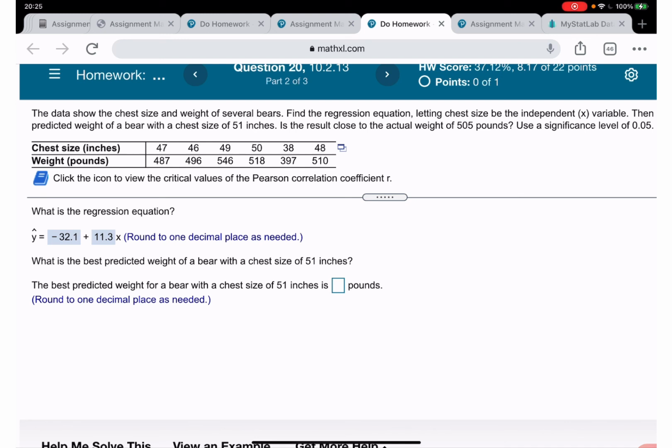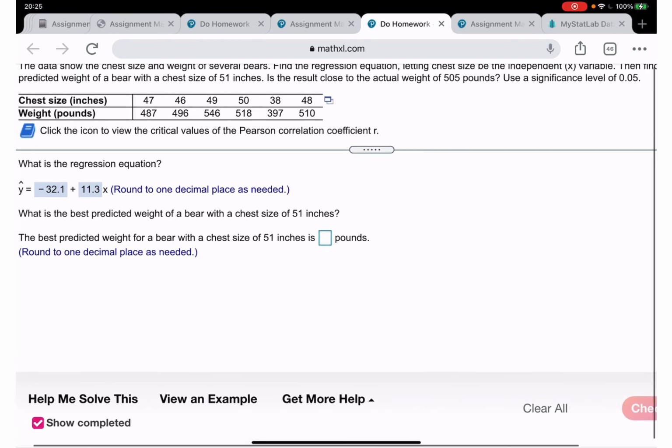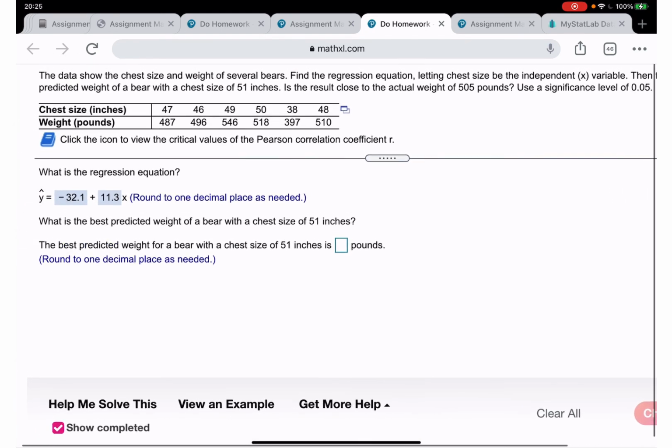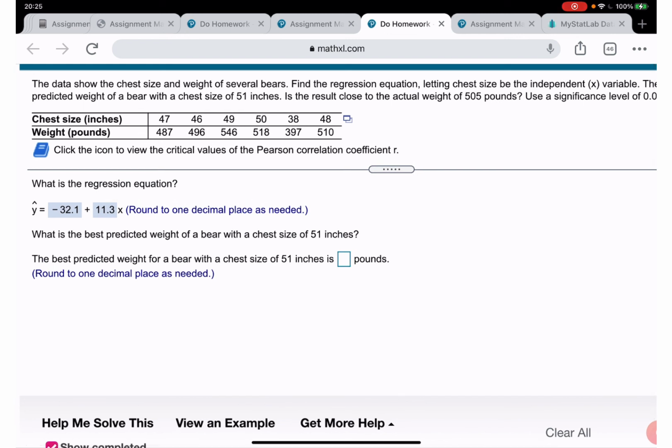What else is in there? The best predicted weight for a bear with a chest size of 51. With 51, we plug into our predicted value, the same way we did the previous one that kept saying it's wrong.